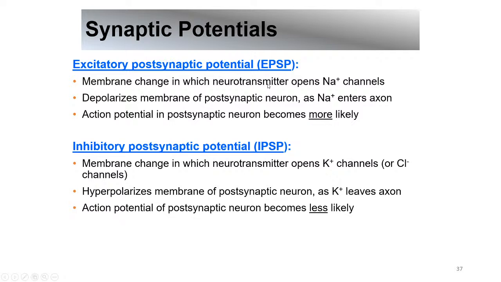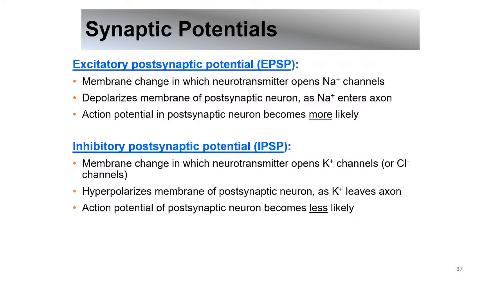Now, the amount of sodium that floods in is going to depend on the number of channels we have open. And the number of channels we have open depends on the amount of neurotransmitter that is released. Okay? And so if we release a little bit of neurotransmitter, that's going to bind to a couple sodium channels. It'll make the cell more positive. But is it enough to reach threshold?